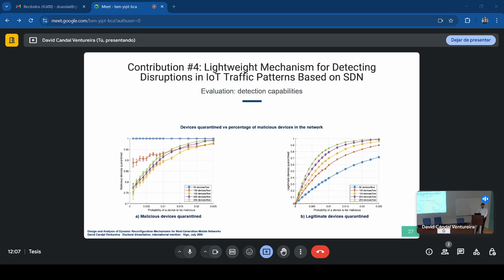It is worth mentioning that the evaluations we conducted consider that data flows are assigned to SDN flows following a uniform distribution, and as a result, they contain mixed traffic classes and it's less predictable.